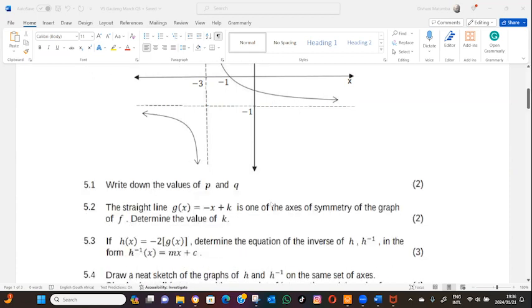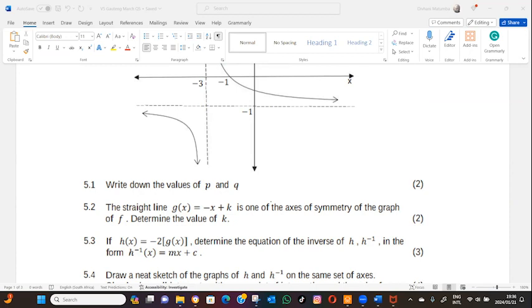But anyways, now the value of p is actually 3. So that when we solve for the value of x, when x goes to the other side, it will be minus 3.